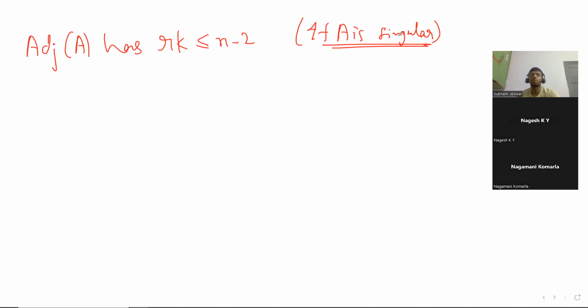Okay, so A is singular, which means that the rank of A is n minus 1. Okay, then the rank of adjugate of A becomes 1 less. So that's a good thing about adjugate, right? That it doesn't just take a singular matrix and give you a singular matrix, but it actually brings the rank down. So that's a nice thing. So why is the rank?